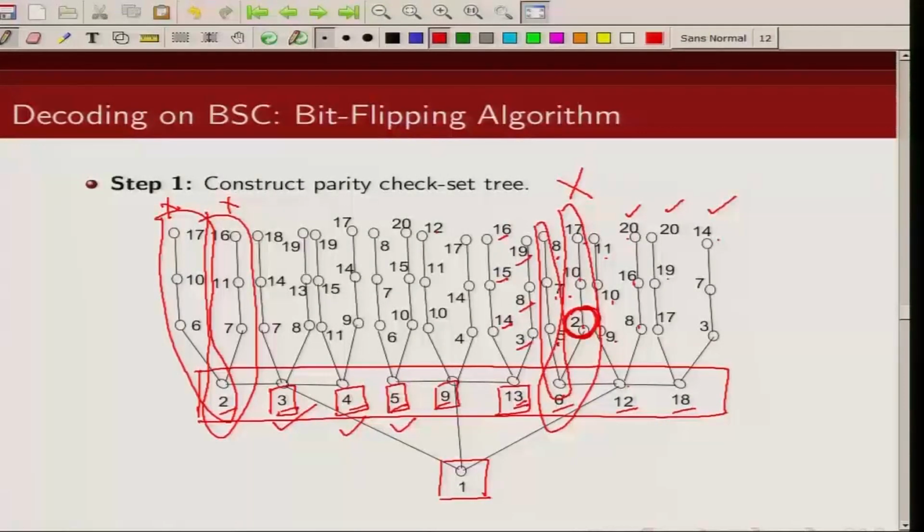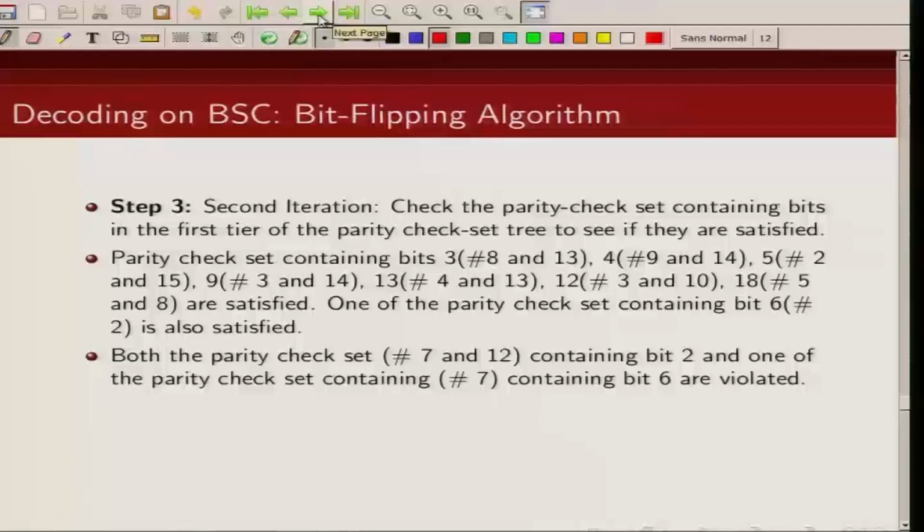Two of them are not getting satisfied, and the third one is this one, which involves 1, 2, 3, 4. This is getting satisfied. This is also not getting satisfied, because 1 was corrected, 3 and 4 are correct, so this is also not getting satisfied. So what we notice is parity check sets containing 2 are not getting satisfied.